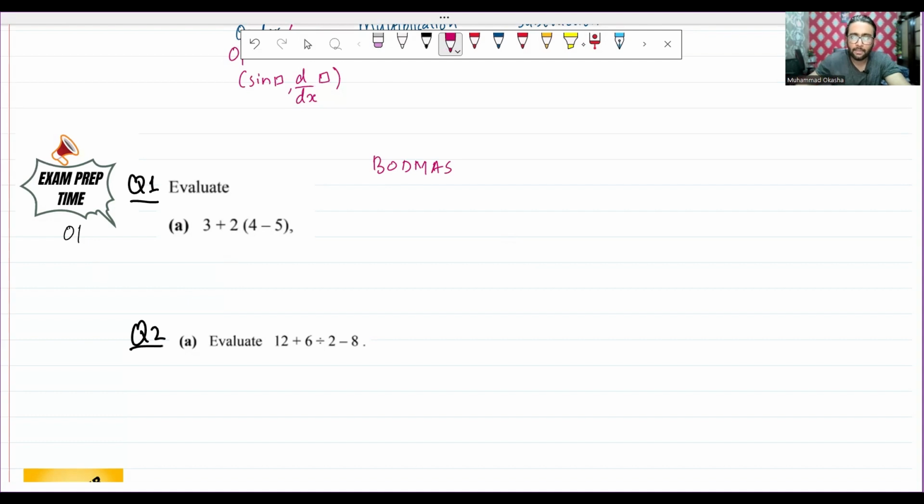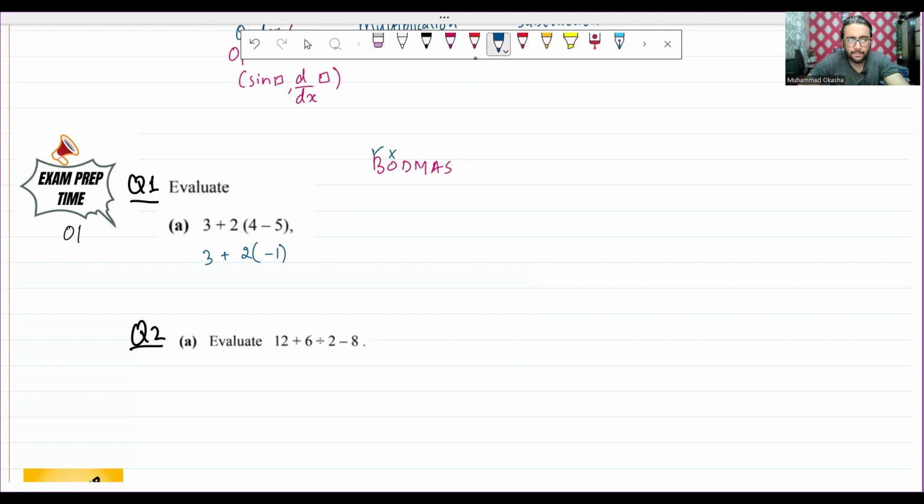So that's the first thing I will do. Whatever is in the bracket, I think it's 4 minus 5. So 4 minus 5 is, I think, -1, right? And 2 plus 3. Okay, so we took care of the bracket first. I don't see any order, so I'll just move on from here because I don't see any exponent or any operator.